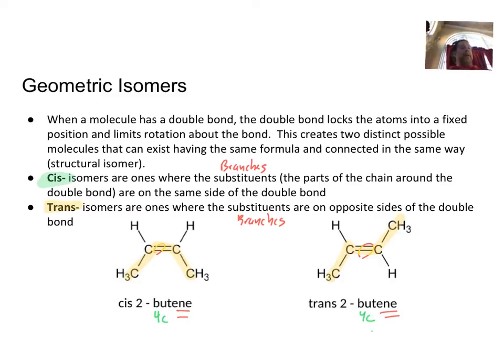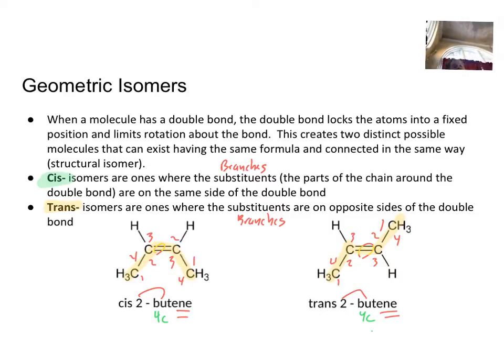And then the 2 in this case, because if we count, it would be 1, 2, 3, 4, or 1, 2, 3, 4. So the 2 is essentially telling us where the double bond is located. In this case, it's between the second and third carbon, no matter which way we number it.